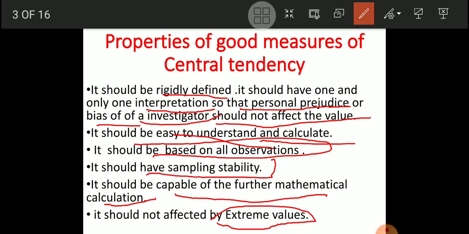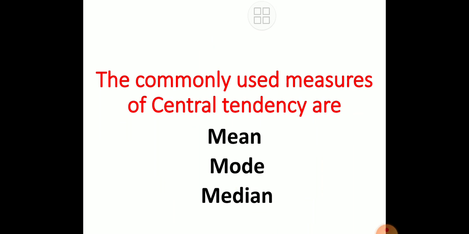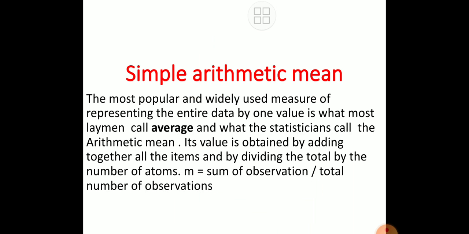So, good measures of central tendency should not be affected by extreme values. Now, the commonly used measures of central tendency are 3: mean, mode and median.